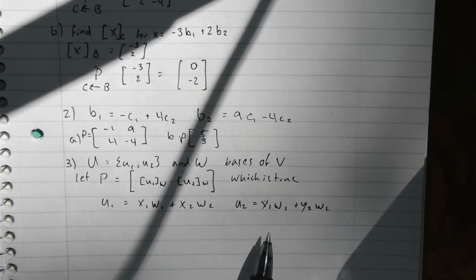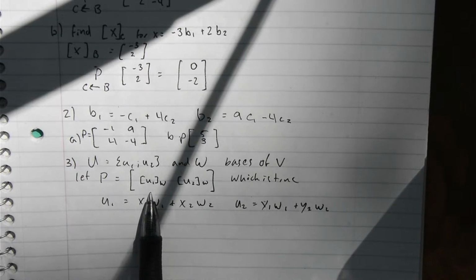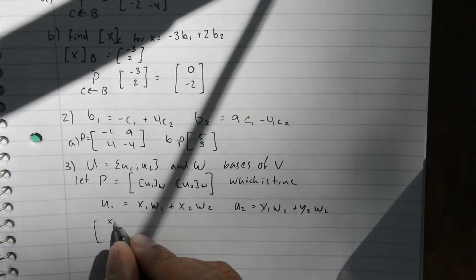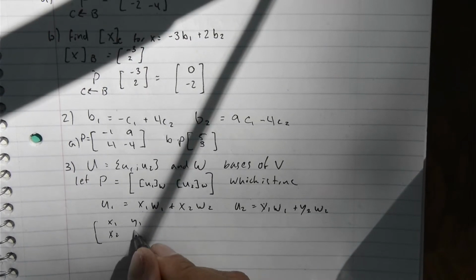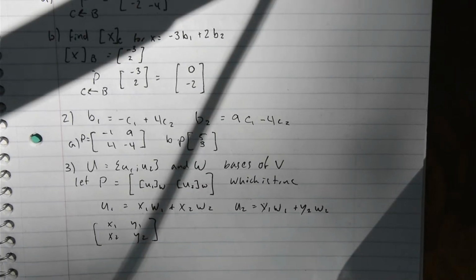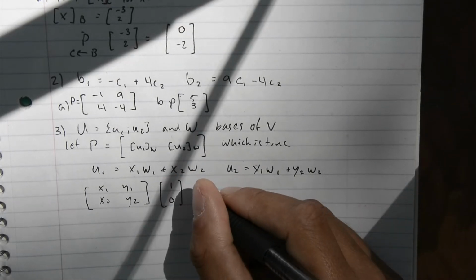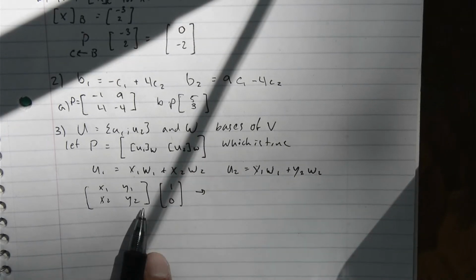And so this matrix is going to be x1, x2, y1, y2. So the idea is if you give 1, 0, you're going to get the linear combination of these column vectors, right?